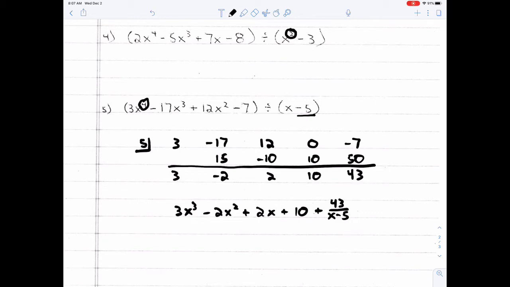Again, remember though, you can't do everything by synthetic division. First of all, the divisor has to have a leading coefficient of 1 and an exponent of 1. If you look at number 4 here, I couldn't do that by synthetic division. Okay, hope that helps. Have a good day, everybody.